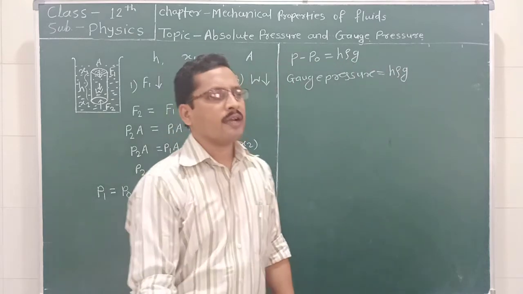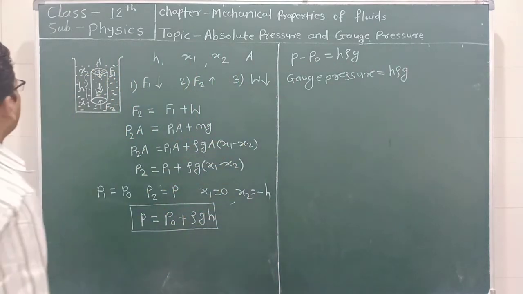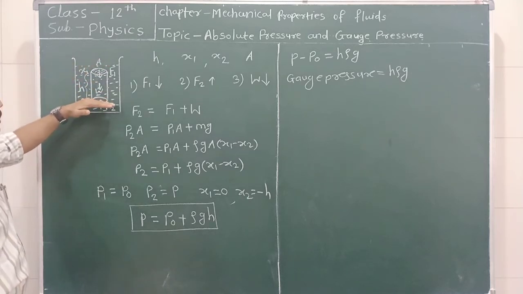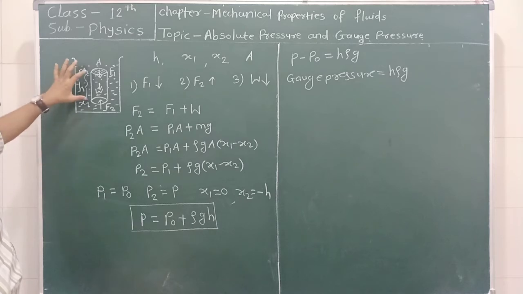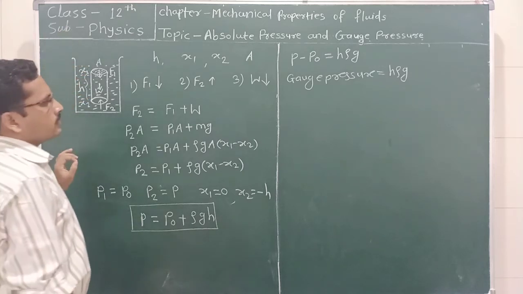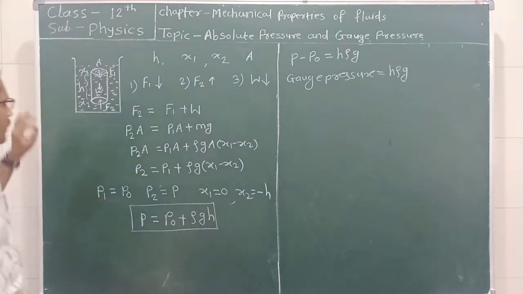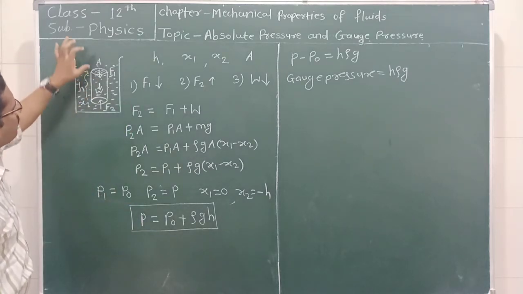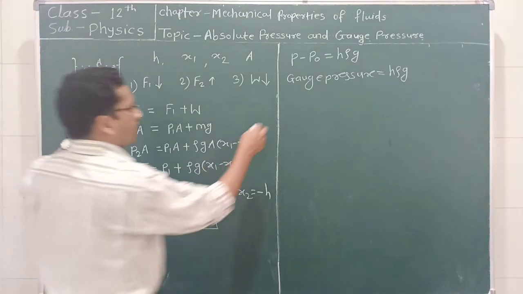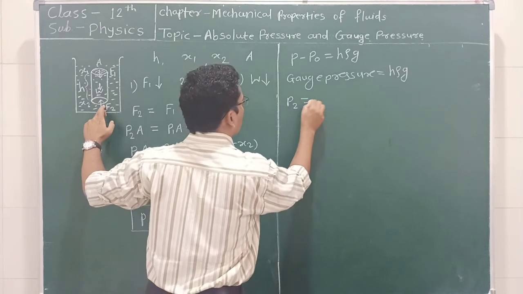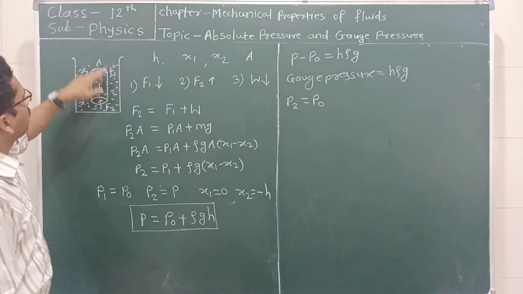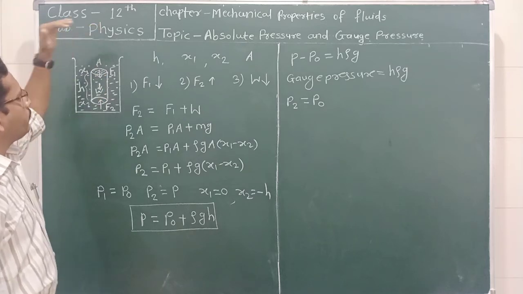Now the second case is that the lower face is kept on the free surface, such that the upper portion is now in the air. In this case, the pressure P2 is nothing but the atmospheric pressure, and the pressure on the upper face, which is in the air medium, is to be determined.